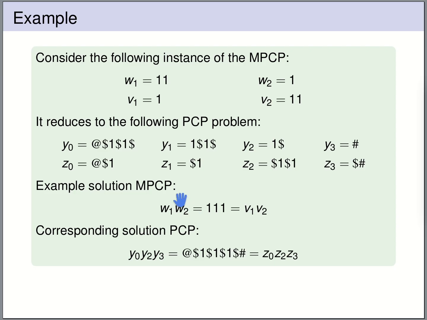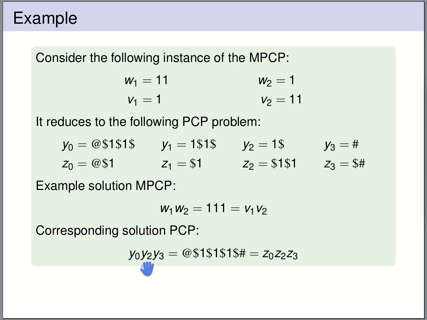Now this solution corresponds to a solution of our PCP. Instead of using pair number 1, because we cannot start with pair number 1 here, we have to start with this modified pair number 1, which is now called pair number 0. So we start with pair number 0, then we continue with the translation of pair number 2.